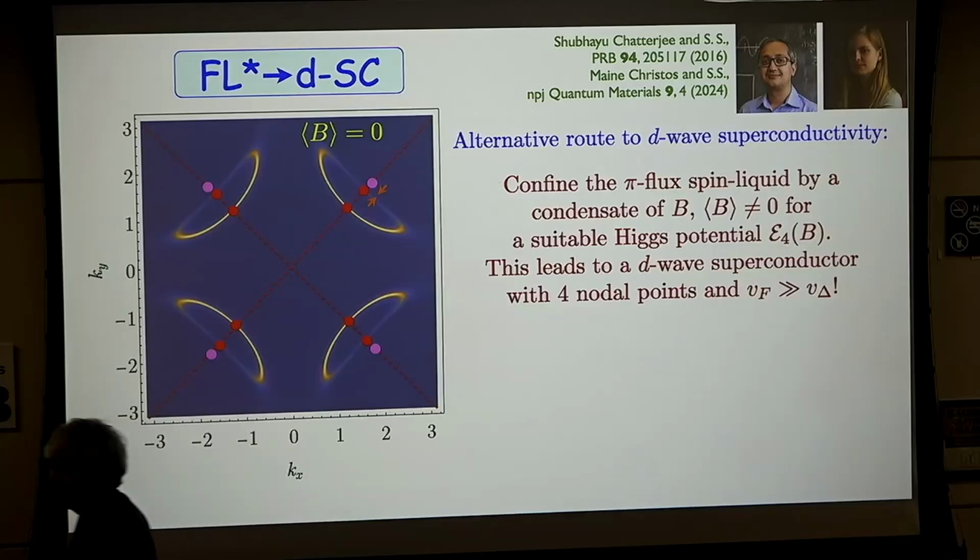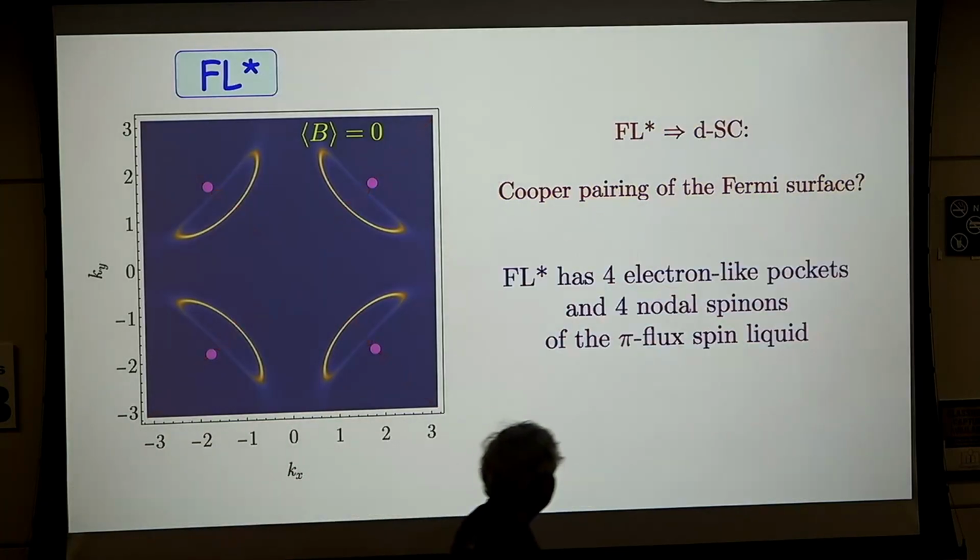Is this calculation self-consistent? Yes, in principle, we haven't done it. It's a lot of work. I think Maine may have done some instances fully self-consistently, but I don't remember for sure. You plug in some value for the B order parameter, and is it consistent? Well, let me say that again.